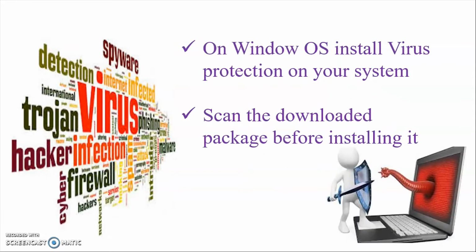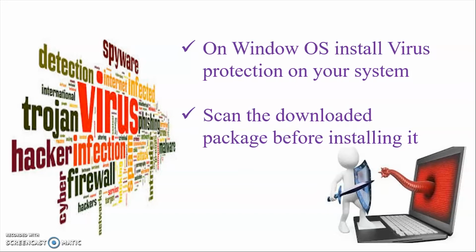And the next step is, whenever you are using the internet in your computer or in your laptop, you should always have antivirus software in your system. You should install an antivirus software in your system. After downloading the software from the internet, you have to scan the file.